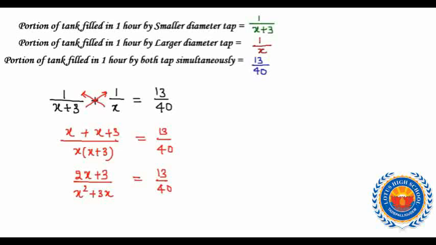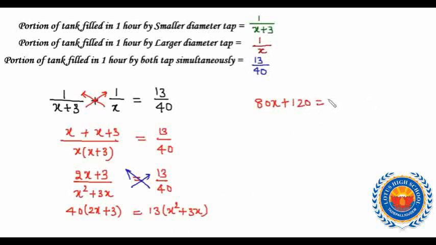Again on doing the cross multiplication here, the calculation becomes 40 multiplied by 2x plus 3 equals 13 multiplied by x square plus 3x. Again on doing the simplification we get 40 into 2 is 80x plus 40 into 3 is 120 equals 13x square and 13 into 3 is 39x. So on shifting all the terms to one side, we get 13x square as positive as it is on the right hand side, also the 39x.